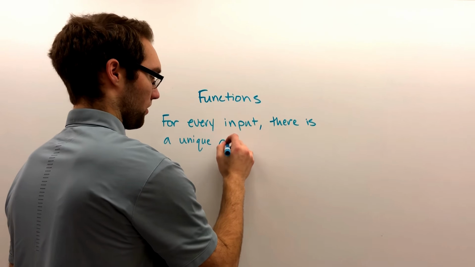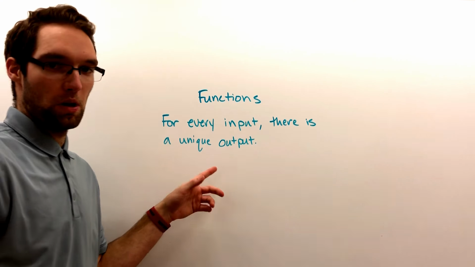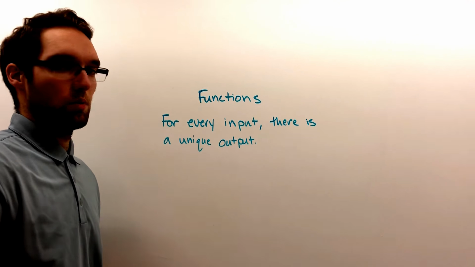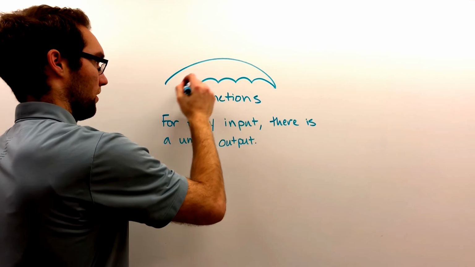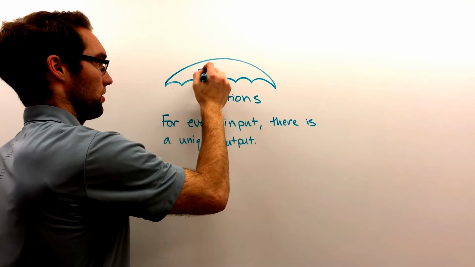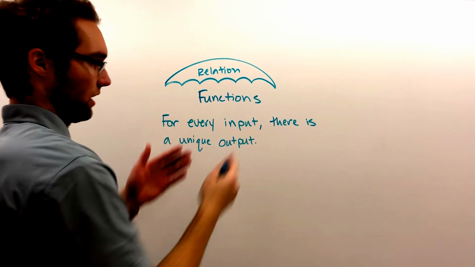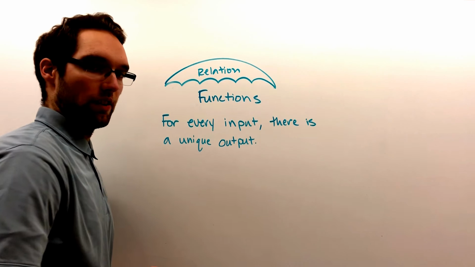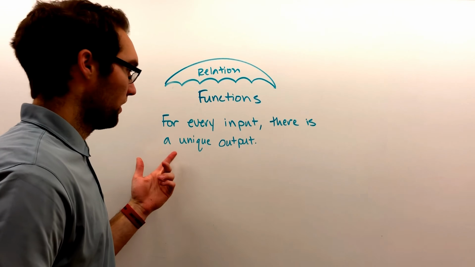There's a unique output, okay? So this is functions, they're just a special type of relation. So really when we talk about relations, they're like a big umbrella, and functions fall under the relation. They're just a little more specific of a relation. So yeah, for every input, there's a unique output.